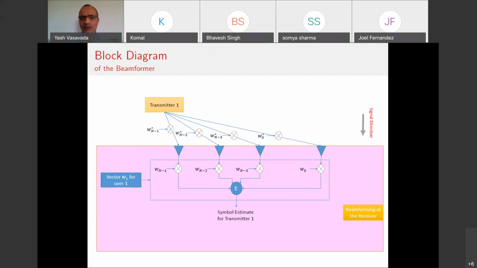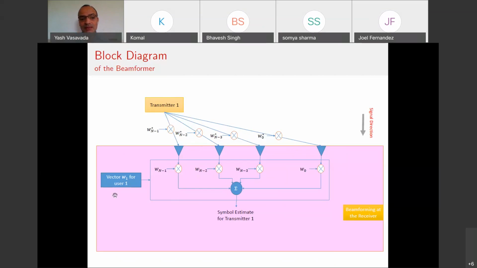This we have seen way back, almost toward the beginning of the semester. All that I have done is put it in terms of explicit complex valued multiplication of the transmitted signal that happens by the time the signal reaches these different array elements. And then this bottom part is the same as before, same as on the previous slide.